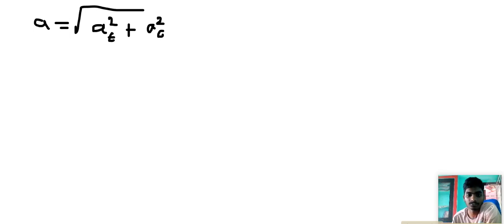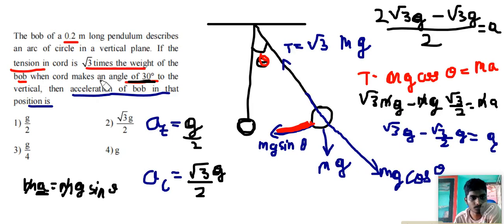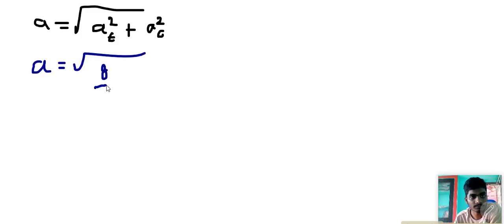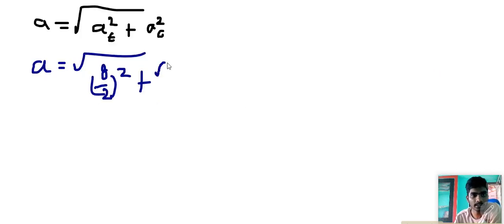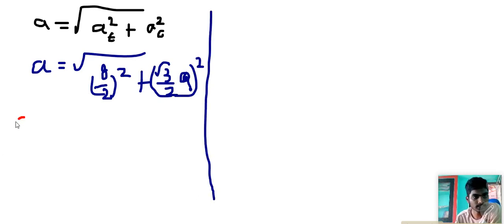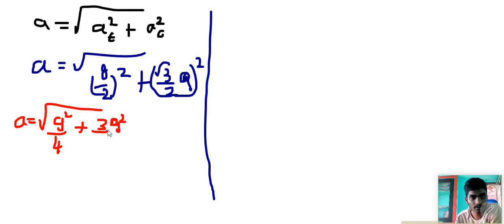We substitute the two values: the tangential acceleration is g by 2 and the centripetal acceleration is root 3 by 2 g. So the net acceleration equals the root of g squared by 4 plus 3 g squared by 4, which is 4 g squared by 4.